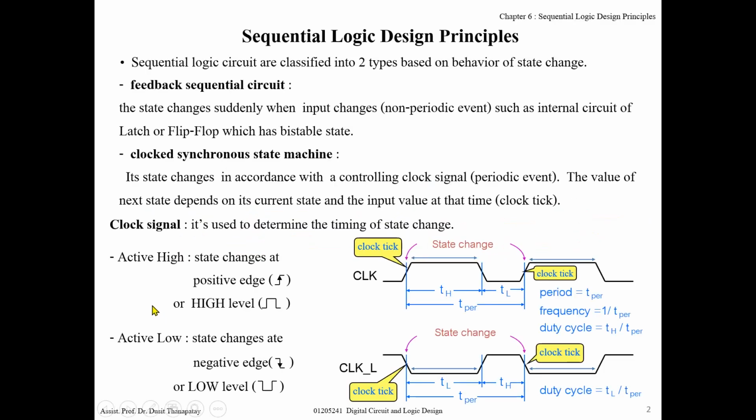If the state machine or circuit changes state at the positive edge, it's called active high. If it changes at the negative edge, it's called active low. This is for flip-flops. A flip-flop will change value at the edge of the clock.